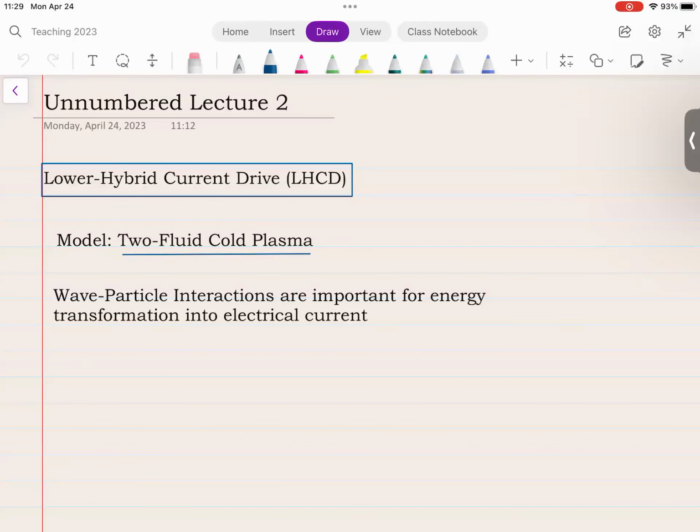The key interaction that is relevant for energy absorption by the plasma from the wave is what is called a wave-particle resonance.